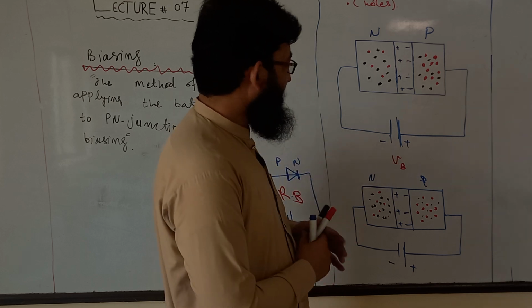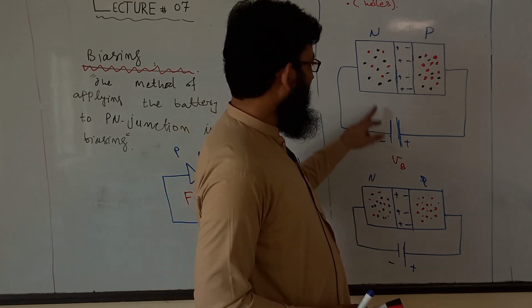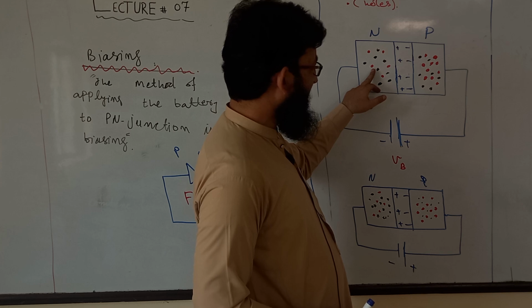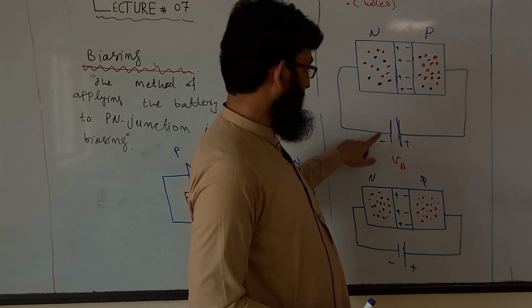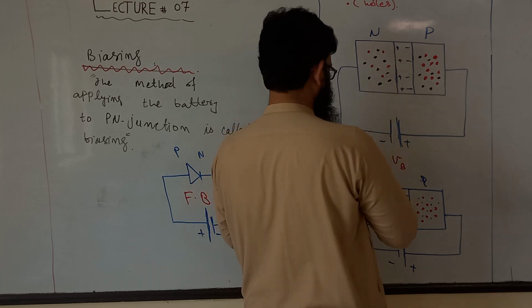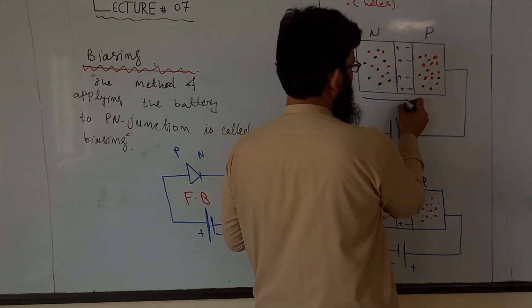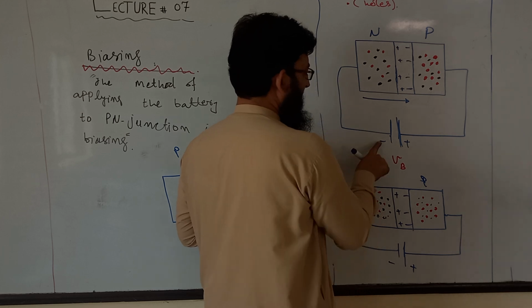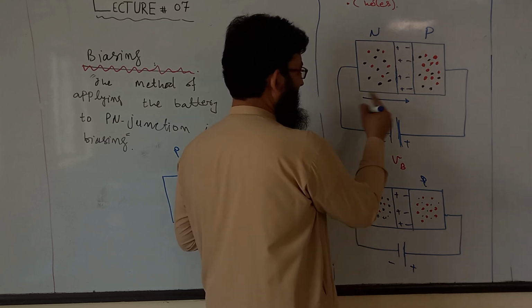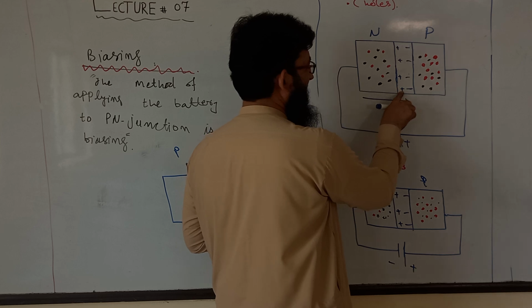Now let's see what will happen here. The electrons in the N region, which act as majority carriers, will be repelled by this terminal and will tend to flow in this direction, towards the potential barrier. Now if the negative potential increases with time, the electrons will be pushed towards what?